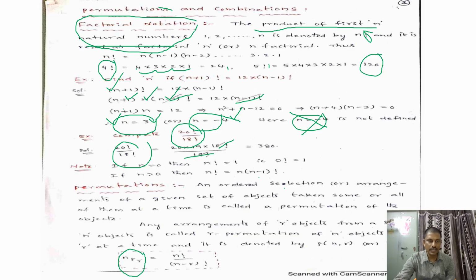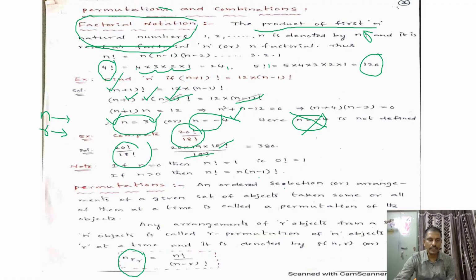Here n stands for the number of objects given to us. r stands for the number of objects we are taking, the number of objects we are considering, and P stands for permutation.